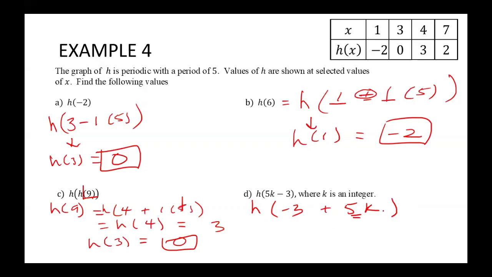So no matter what this is, whatever k is irrelevant. It's just going to be equivalent to h of -3. And then how do I find h of -3? What combination can I use? These are the only x values we have. And remember, it has to be something plus or minus a multiple of 5.